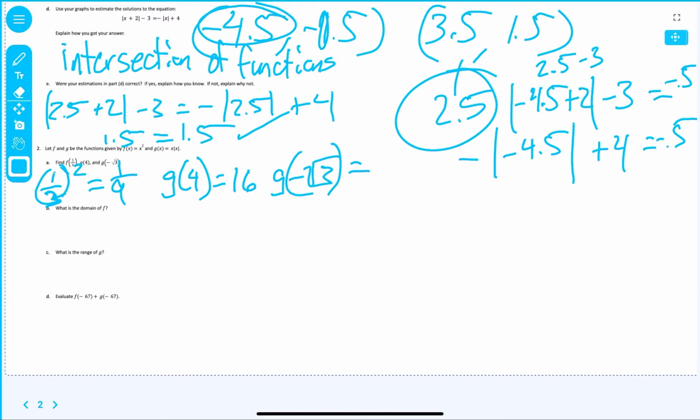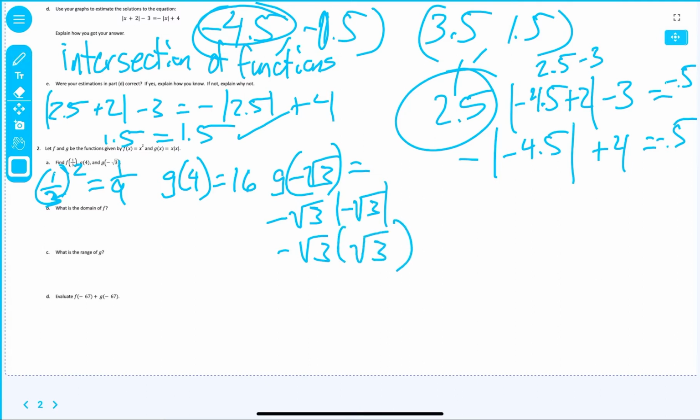If we did that, we would have negative square root of 3 times the absolute value of the square root of 3, which would be negative square root of 3 times the square root of 3.